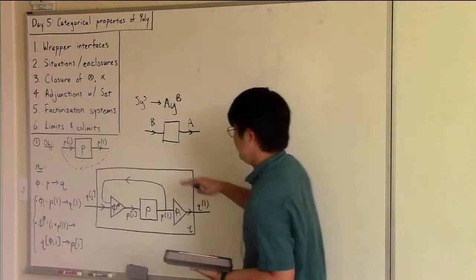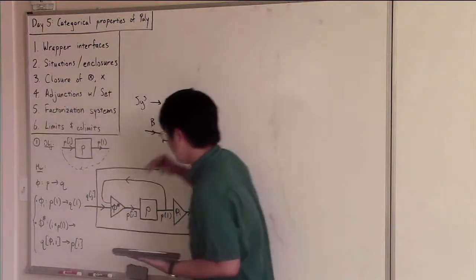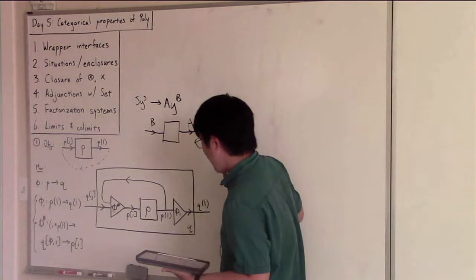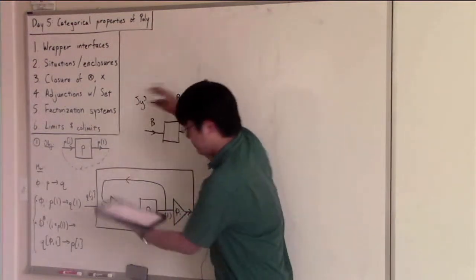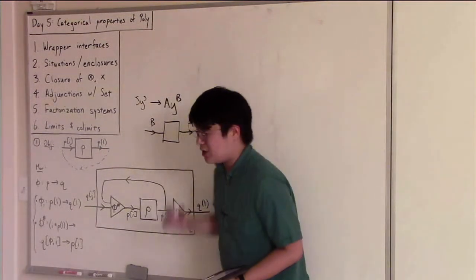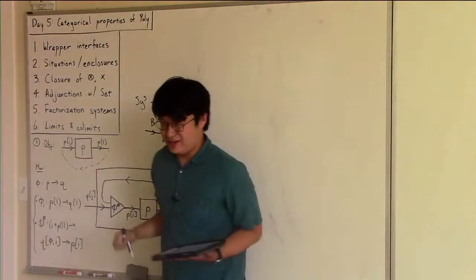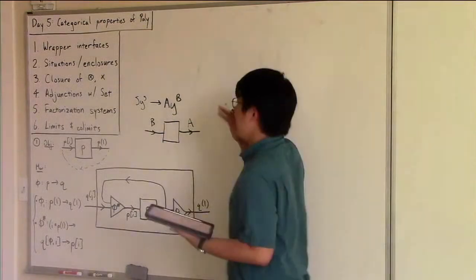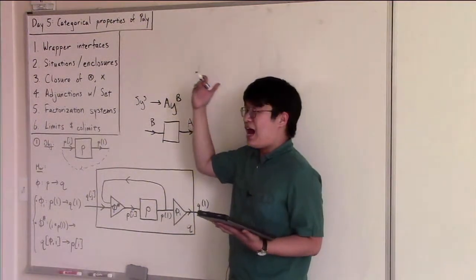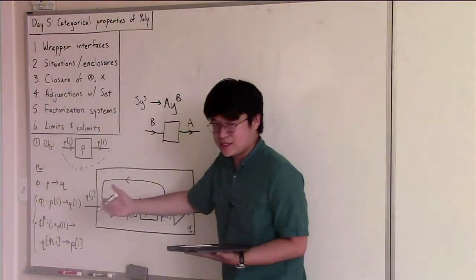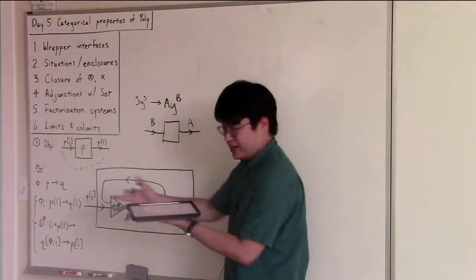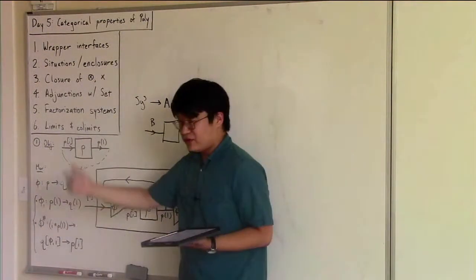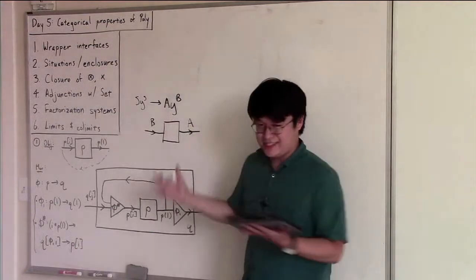If you draw them like this, you can think of a morphism as a way of wrapping a bigger box around a smaller box, which is why I call these wrapper interfaces. You have a dynamical system and a way it interacts with the world: it takes in inputs and gives out outputs. That's its interface.